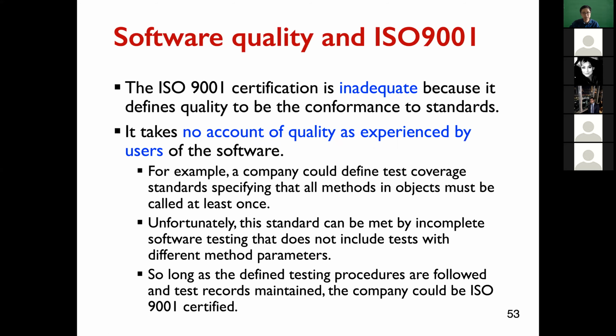Let's look at one perspective. The ISO 9001 certification is inadequate because it defines quality to be conformance to the standards. It tells what you should do, but not how you should do it. So you may fulfill the requirements of the standards. For example, the quality standard may ask that your test coverage should be 80%.